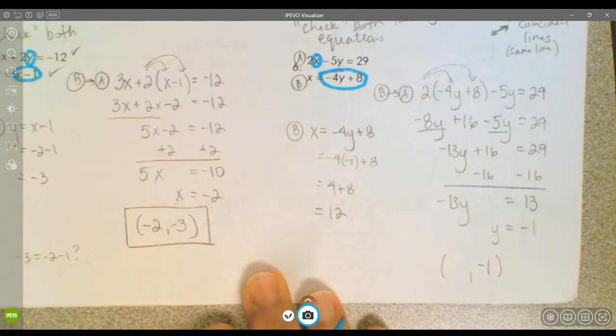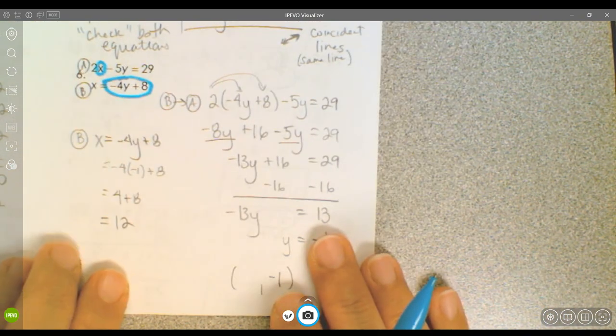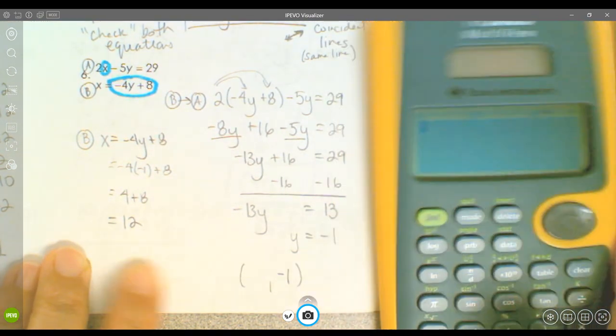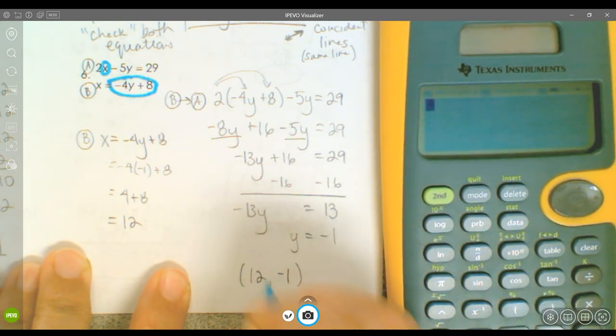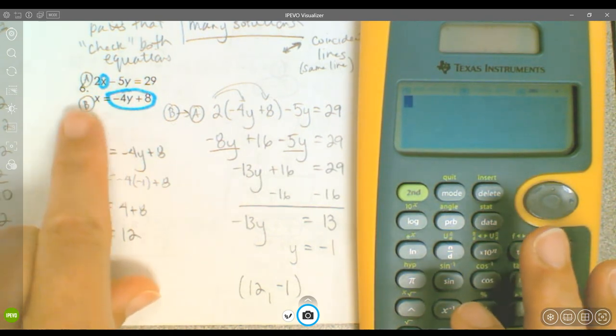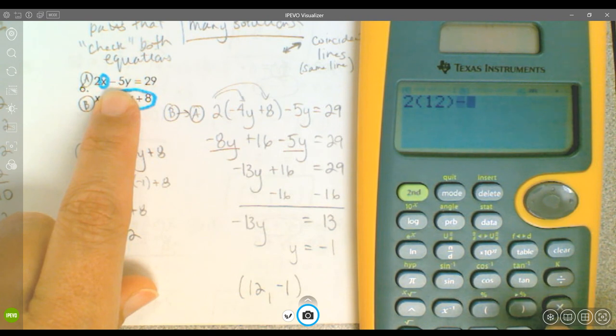I think that's the right answer. But I won't know for sure until I check it. So let's check it. So I think it's going to be 12, negative 1. So let's look up here. 2 times 12 minus 5 times negative 1.